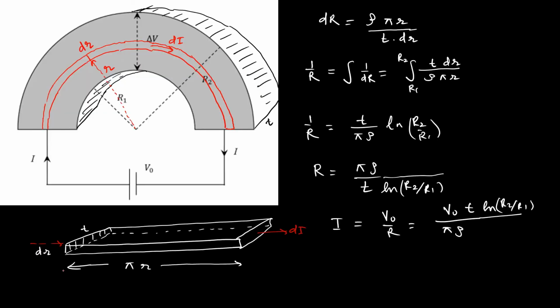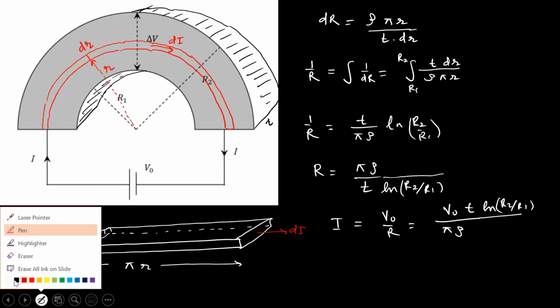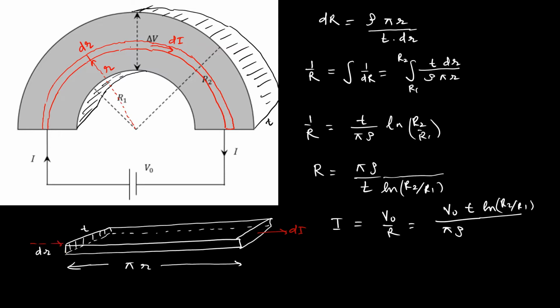And now, suppose this is a free electron moving in this element. The current is di, so obviously the drift velocity of this electron is, say, vd. This is moving in a circle, so it needs some centripetal force for the circular motion to happen.